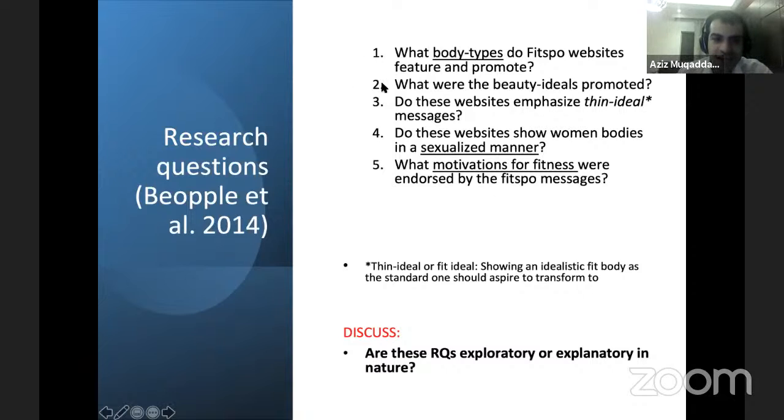So from reading these 5 research questions, can someone tell me if they are exploratory or explanatory in nature? Are these exploratory research questions or explanatory research questions?